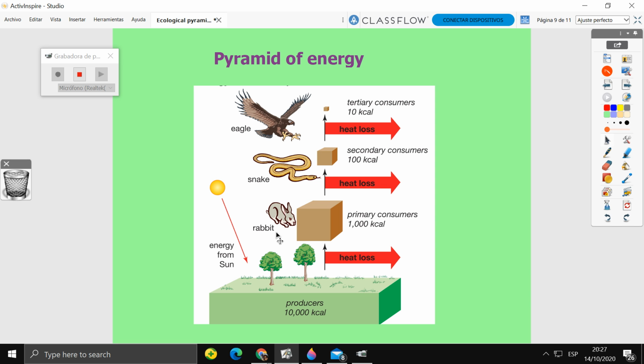So not all the energy from one trophic level can pass completely to the second trophic level. Apart from the energy that cannot pass, the organism consumes energy. The rabbit moves around, it chases for more food, it controls its temperature, it excretes, it loses energy by the process of respiration.